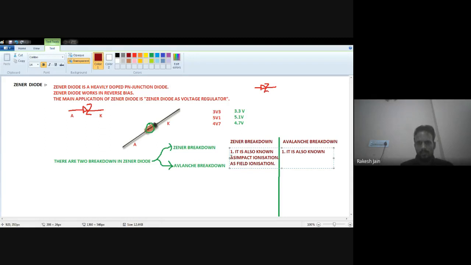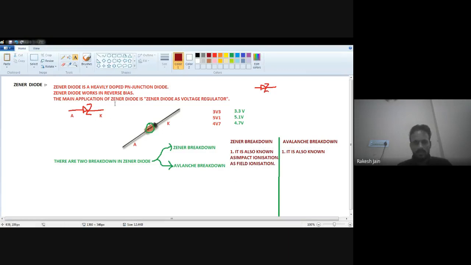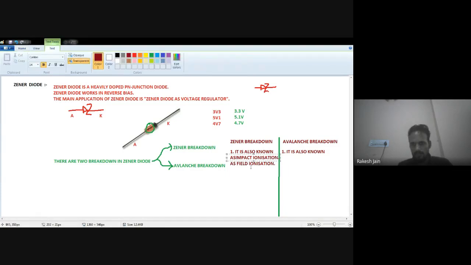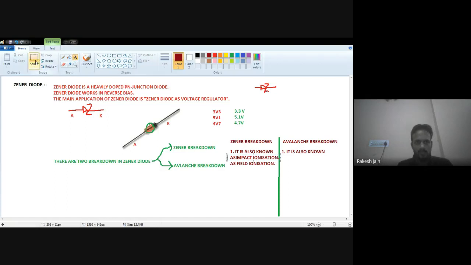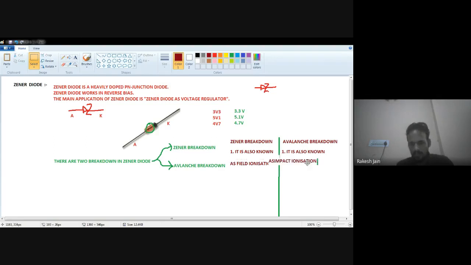So this is the first difference between a Zener breakdown and Avalanche breakdown: Avalanche breakdown is known as impact ionization and Zener breakdown is known as field ionization.